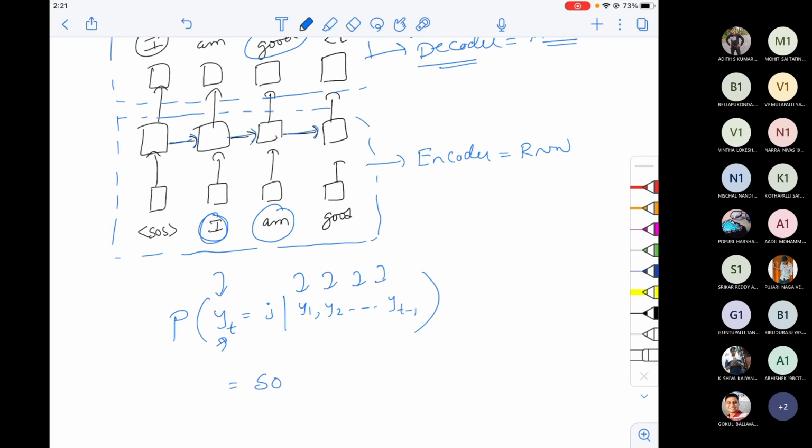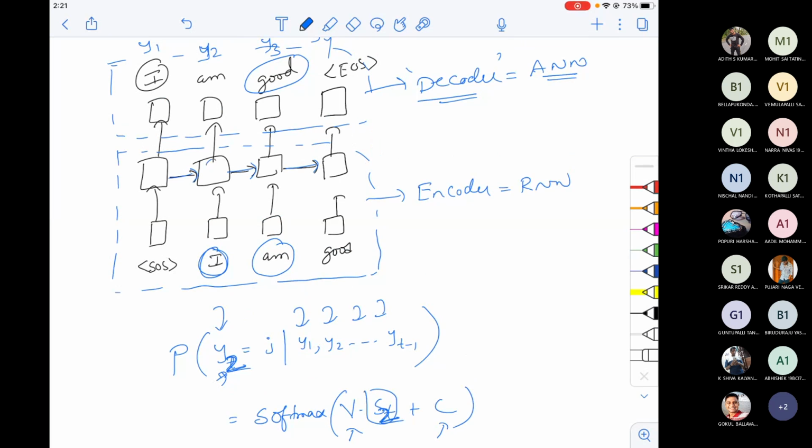It is equal to nothing but softmax of V into ST plus C. V is the matrix, C is the bias. And what is ST? Assume that it's y2, then it is S2. So you take this S2 as input and you build out a probability distribution.